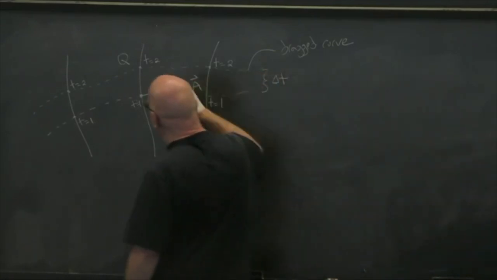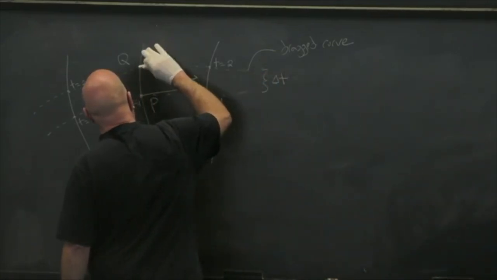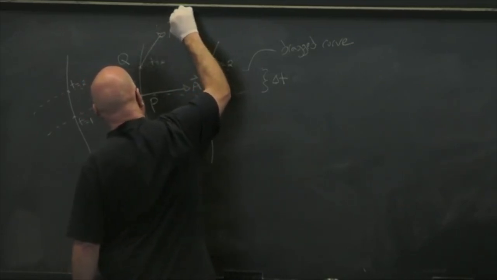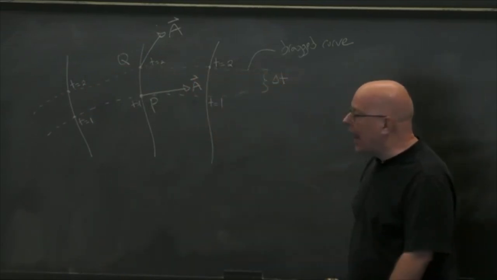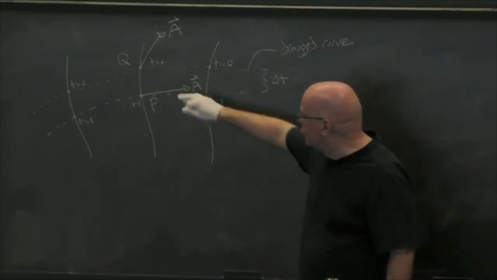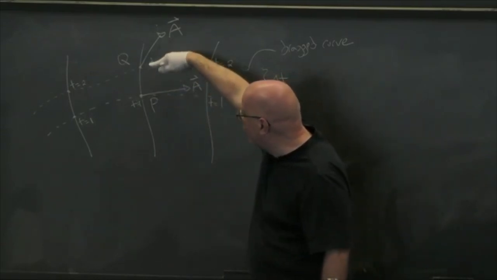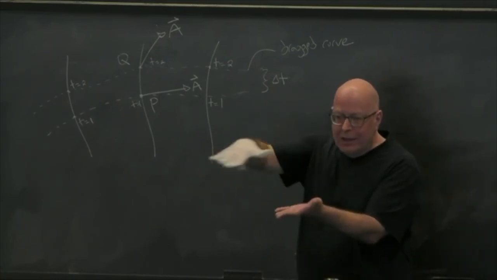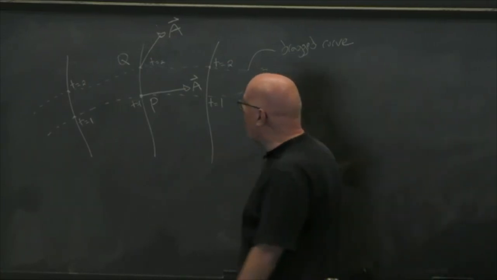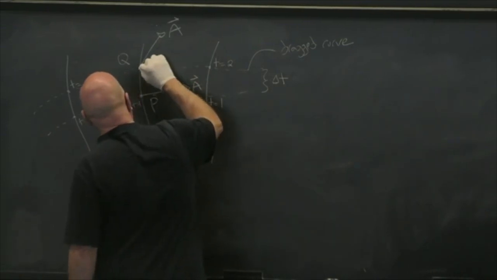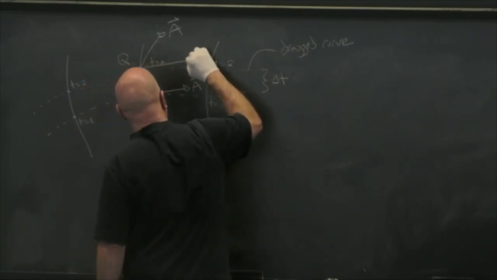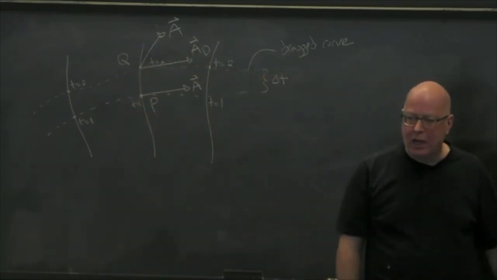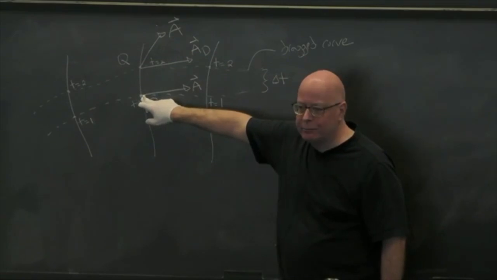So what I'm saying here is that at Q, our vector field would have a direction like this, and it's not going to be tangent to that drag curve, because the dragging that we do has nothing to do with keeping it lined up with the vector field A. But that drag curve will have some tangent vector that I'm going to call a dragged version of the original A down here.